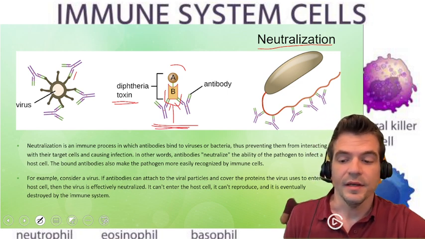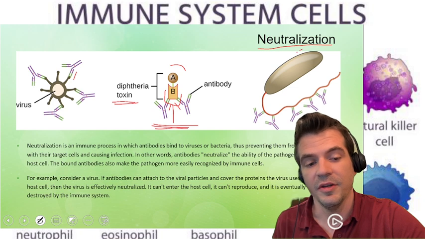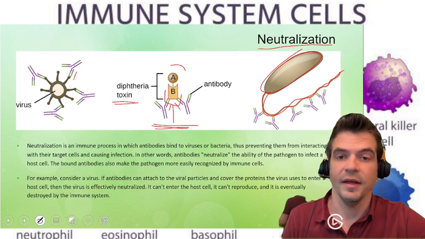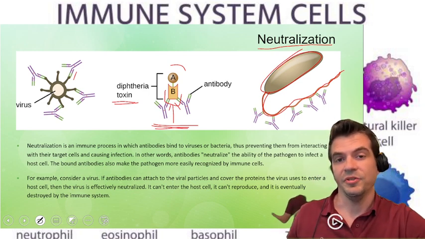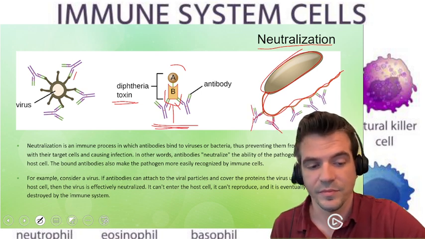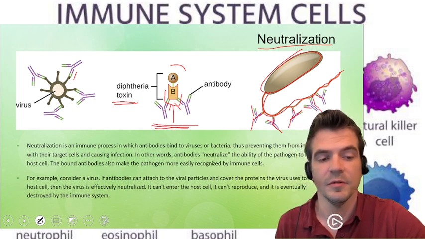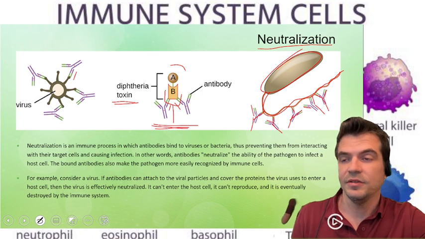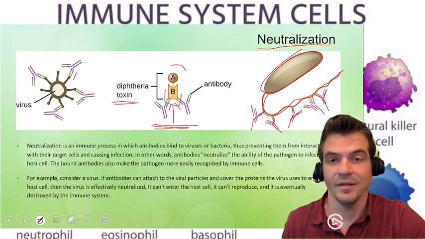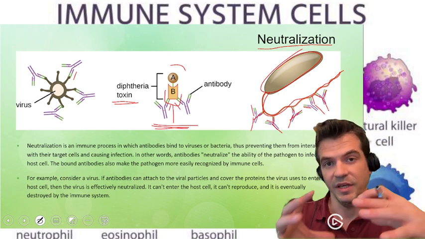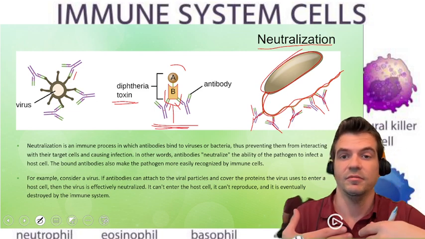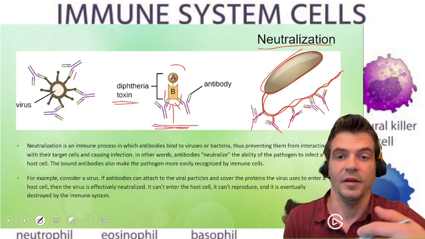So again, if we have a bacteria with a flagellum, okay, and we have an IgG or an IgA that knows how to target a flagellin molecule, that Fab region binds to the flagella along those flagellin molecules, effectively neutralizing the bacteria, because there's going to be a lot of antibodies on it and it won't be able to actually glide and rotate and perform its chemotaxis.